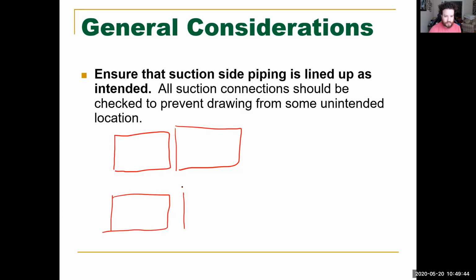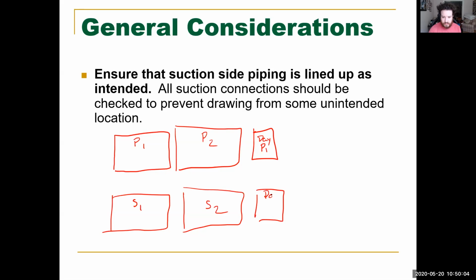Very simple. Let's say this is fuel oil. So we have our port 1, port 2, starboard 1, starboard 2, and then we have our day tank. Day tank port 1. And this is starboard 1.